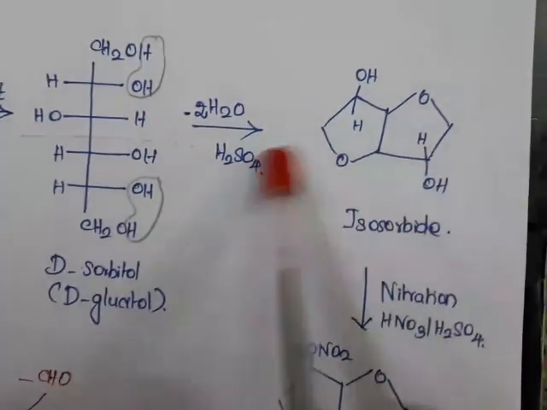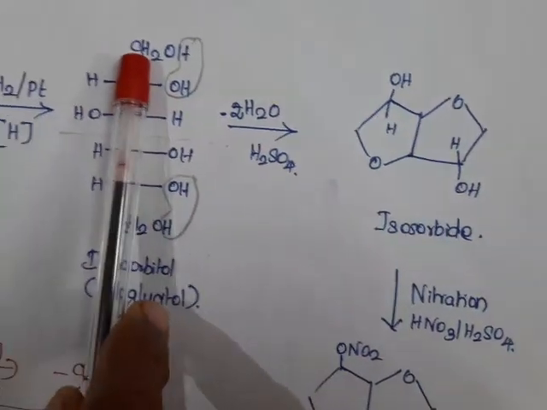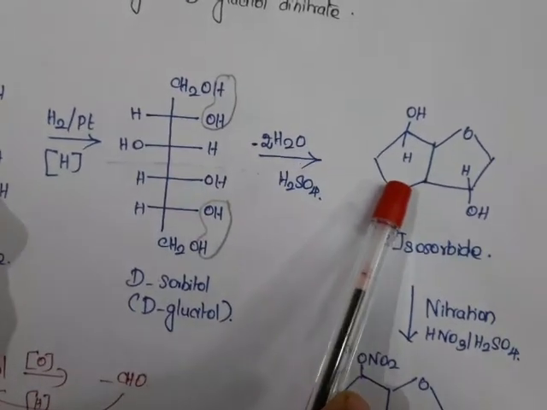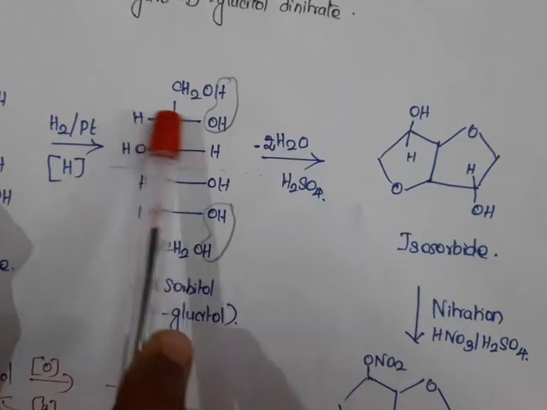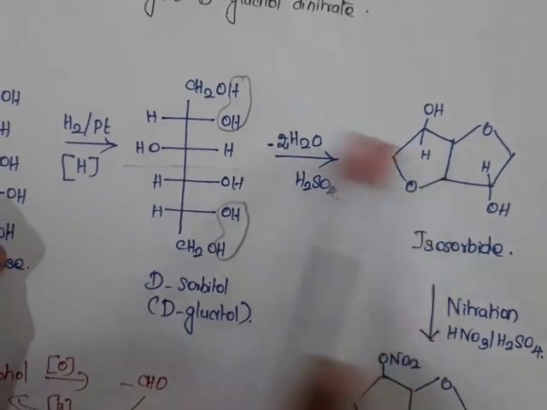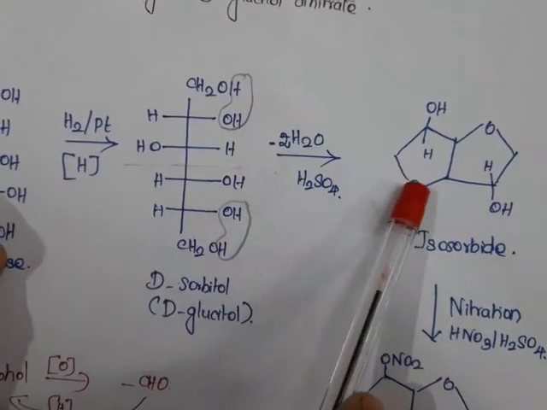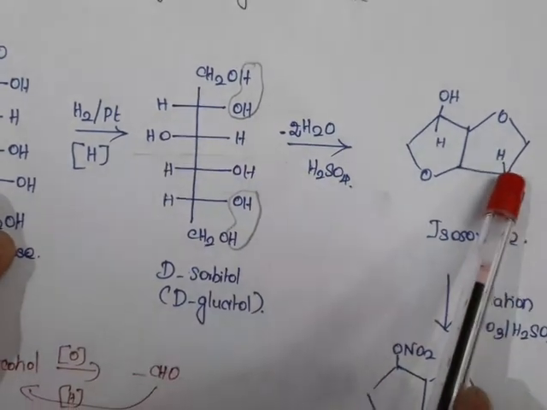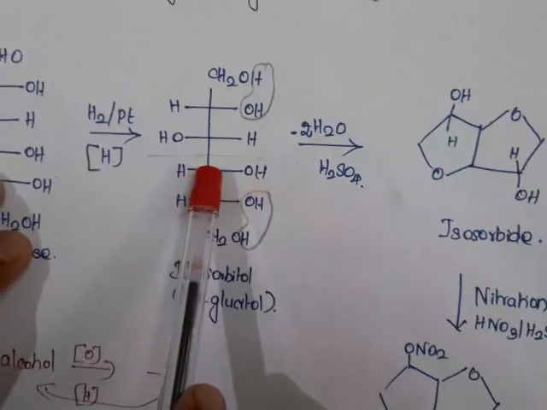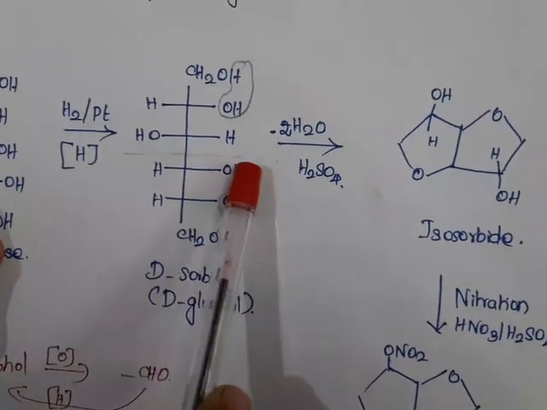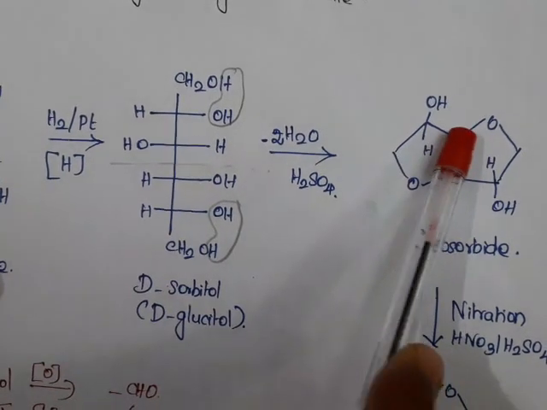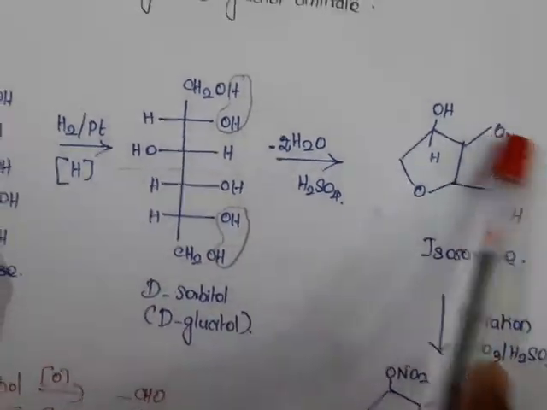Now we will see how we are getting isosorbide. Here we have CH2O. So this is CH2O, then CH, this is CH. Then CHOH, okay. Then again CHOH, then again CH, then CH2O, CH2.